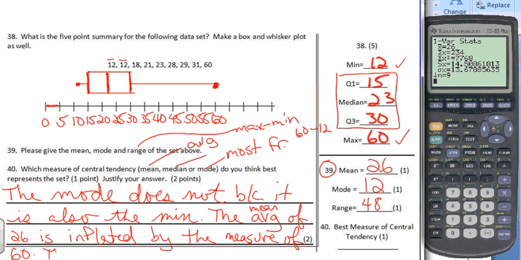So the mean is not the best either. So by process elimination, I'm going to say the median. In this case, the median score of 23, I think, is what best represents the set.